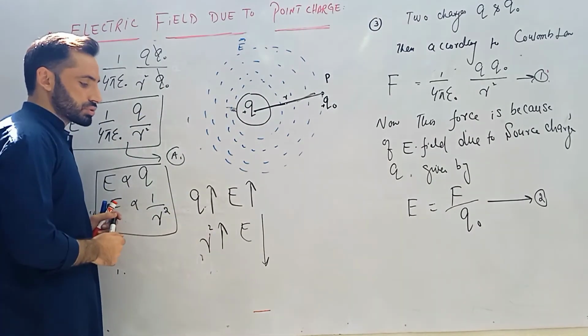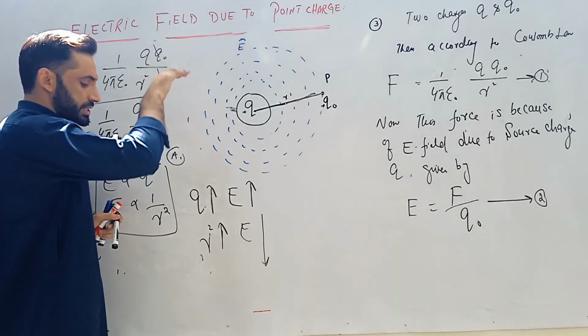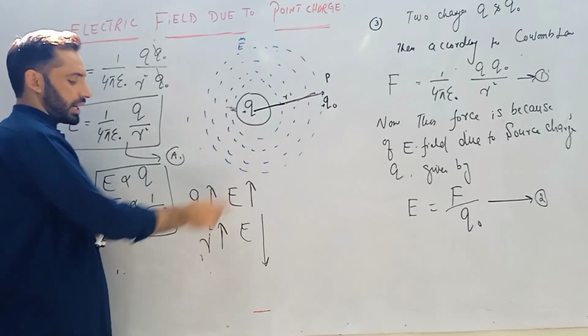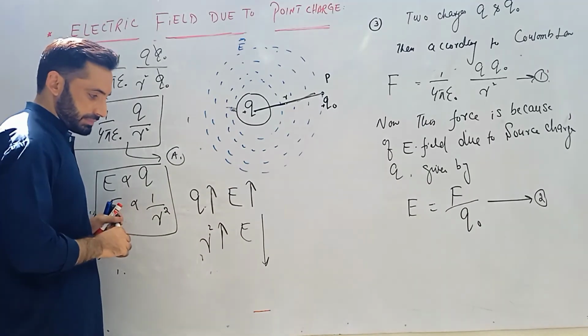How much? R square times. If distance decreases, the field increases. How much? R square times.